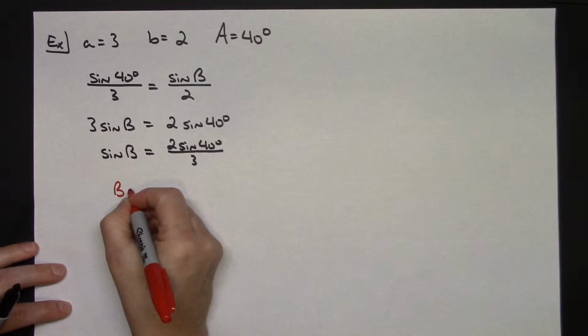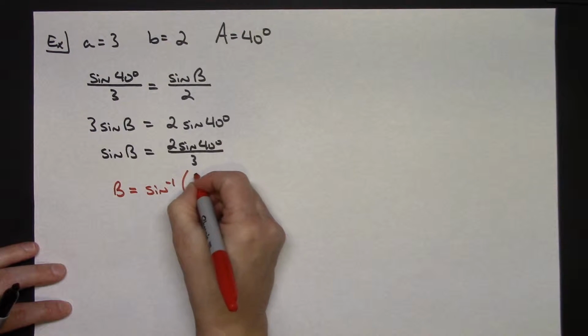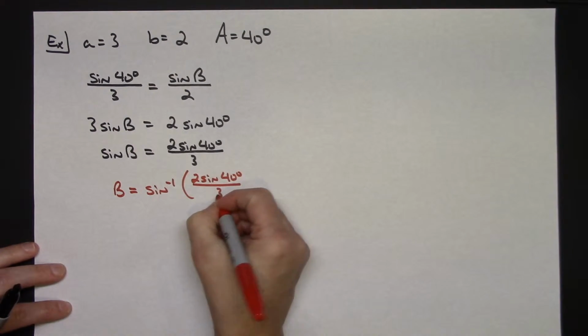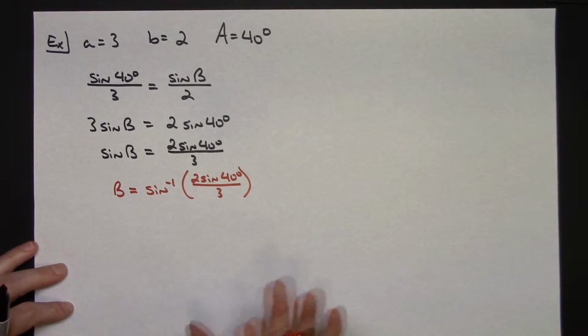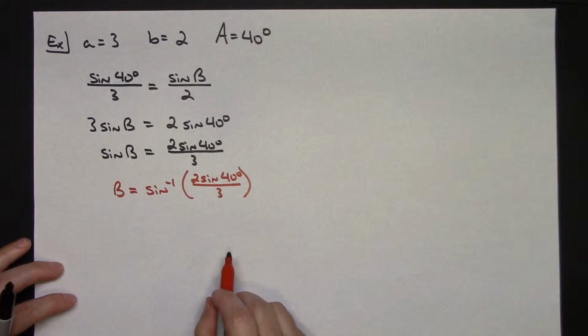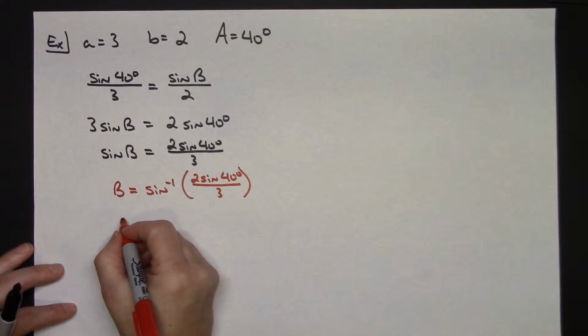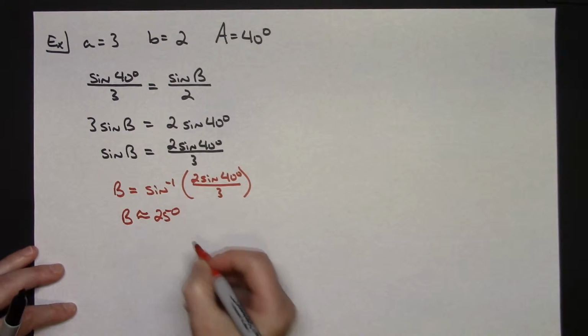So my B is going to be equal to the inverse sine of 2 sine 40 degrees all over 3. And if you can get it plugged into the calculator like that, that's really nice. You won't be tempted to round any values whatsoever, and that's good. Now, the calculator itself is going to return a value of B approximately equal to 25 degrees.